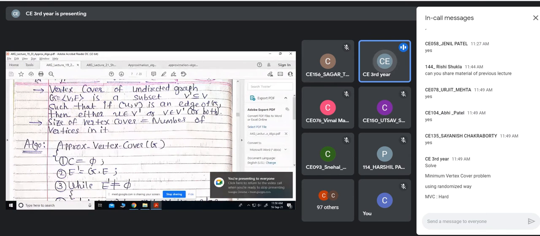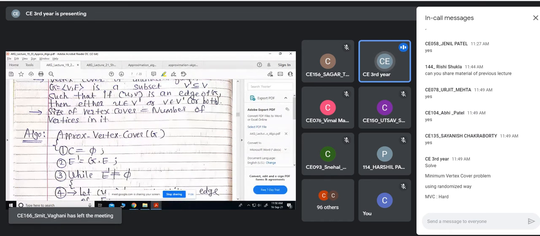It is a subset of vertices V dash such that if you have u comma v as an edge, then either u or v or both would be a part of the vertex cover, and this should be true for every edge, with the minimum number of vertices. The size of a vertex cover is the number of vertices in it.